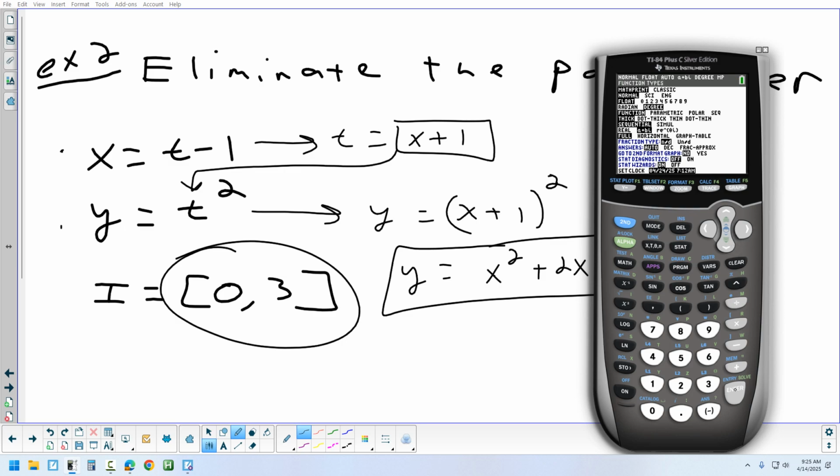So let's put it in parametric. Let's do 0 to 3. Stepping by 0.1 is fine. That's going to graph 30-something points. That's plenty. Let's do y equals t minus 1 and t squared.